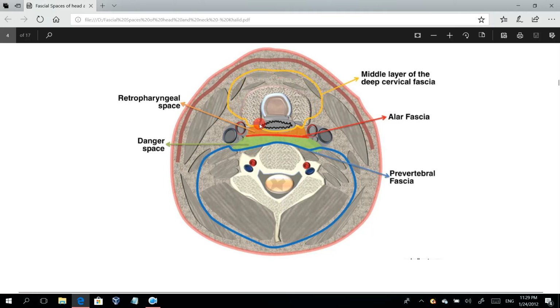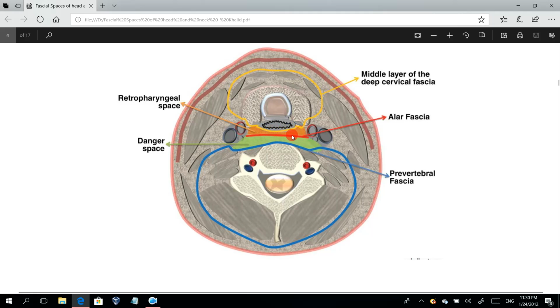Behind the pharynx we have the retropharyngeal space, the space behind the pharynx and the esophagus.